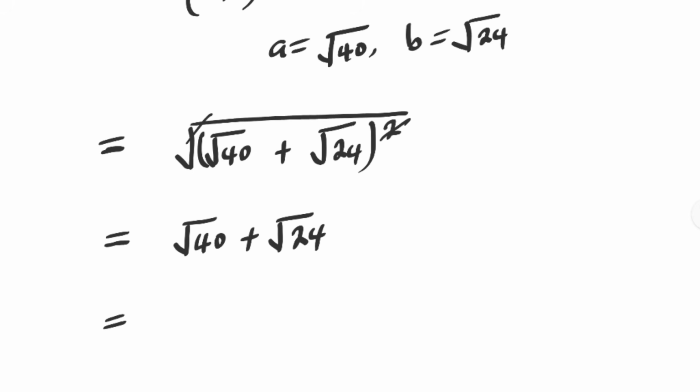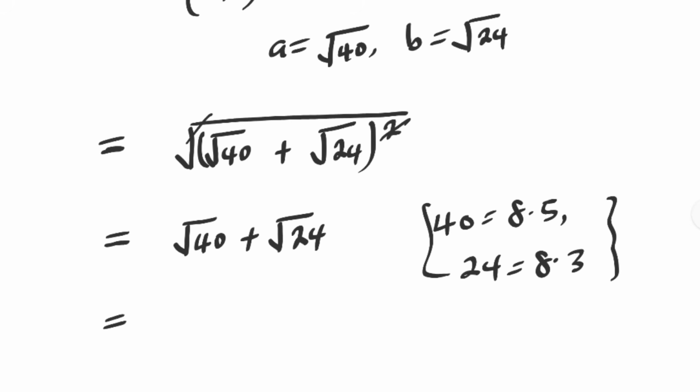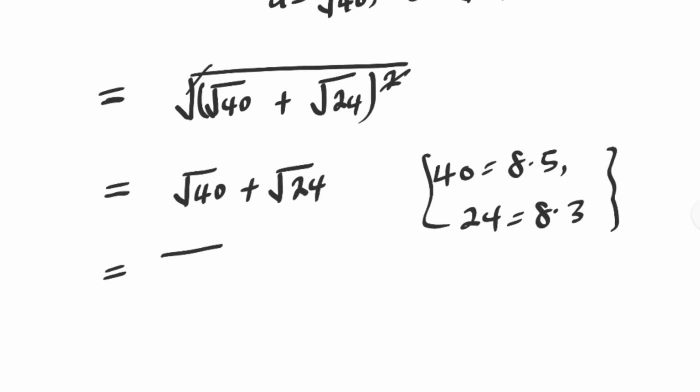Then square root of 40 is the same thing as 8 multiplied by 5, and 24 is equal to 8 multiplied by 3. We know that before. Square root of 8 multiplied by 5 plus square root of 8 multiplied by 3.